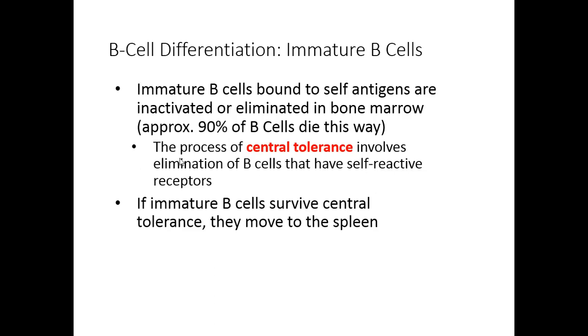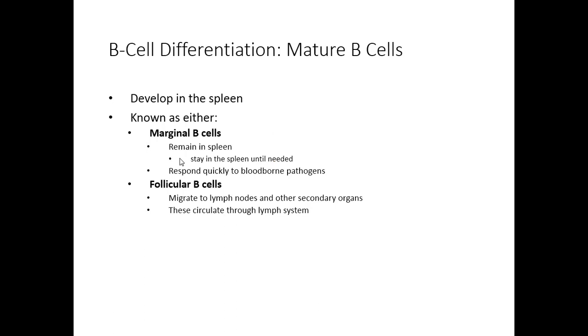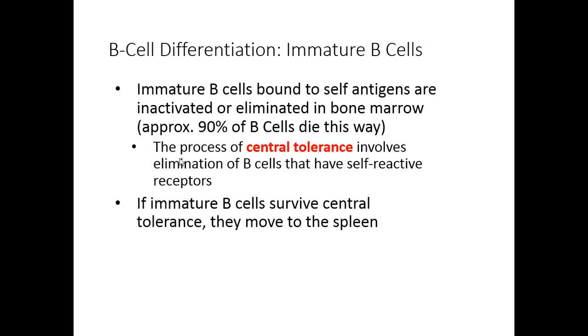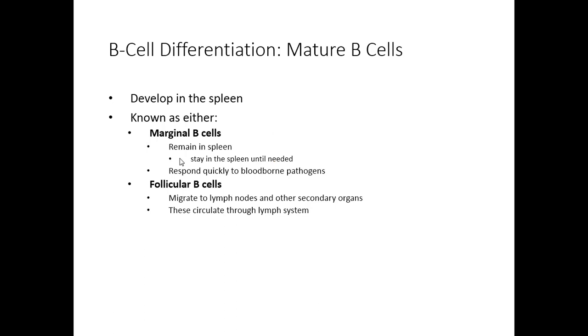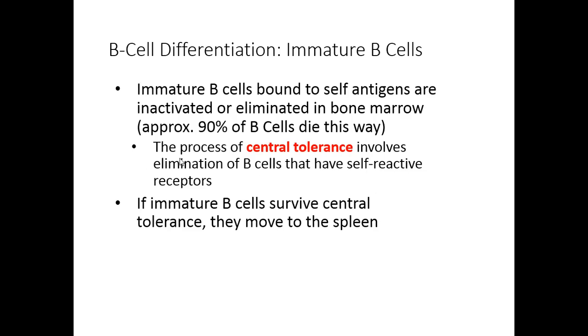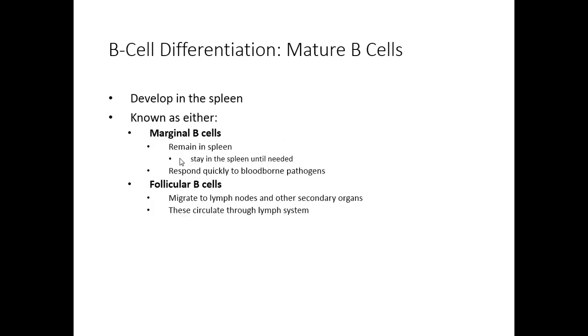When they move into the spleen, immature B cells are going to develop into mature B cells. Up until this point, they were still in the bone marrow, right? They leave the bone marrow, they go into the spleen. We're not sending cells out into the spleen that are going to identify with self.